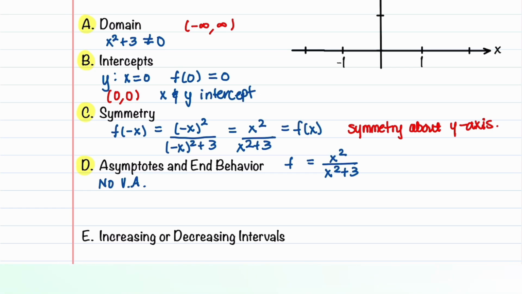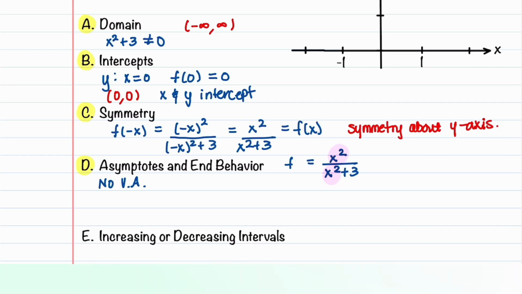But now let's think about horizontal asymptotes. When you calculate a horizontal or a slant asymptote, you need to look at the highest power in your numerator and the highest power in the denominator. Those two powers are the same, so that tells us that we have a horizontal asymptote.